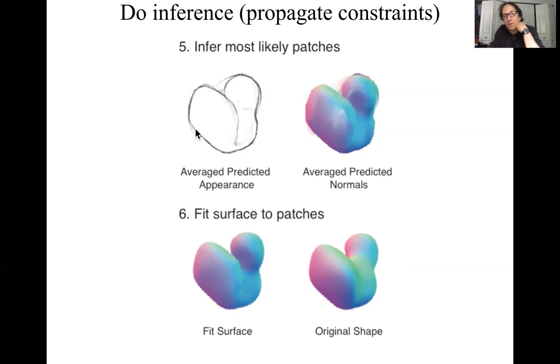And here's the average of the different rendered image interpretations for each patch as well. Then from here, this is a rather awkward representation of a shape, so we want to find a single curve, a single surface that covers all this, that best explains all these different patches. And so finally we fit a surface to those patches to find a single best interpretation.